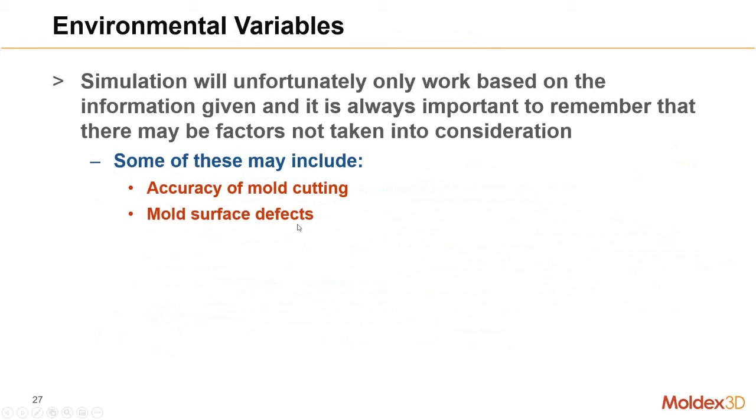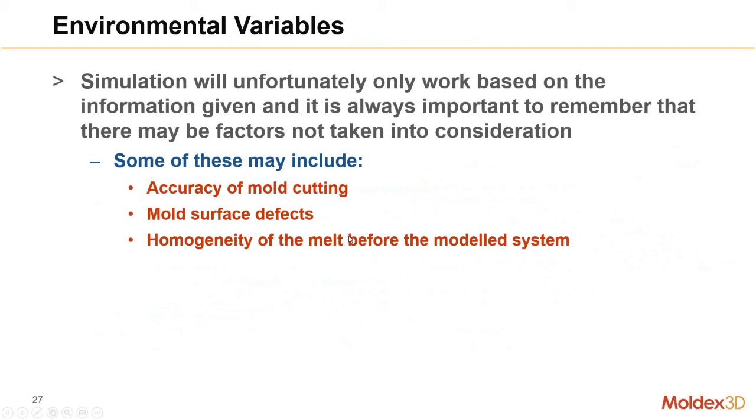Mold surface defects: as the mold gets older and older, sometimes there's scratches, sometimes there's defects that occur. Sometimes the mold starts to wear down, eroded away. Those sorts of defects cannot really be considered in the simulation. Maybe the volume increases and you don't know about it. So that's something that we always look back to.